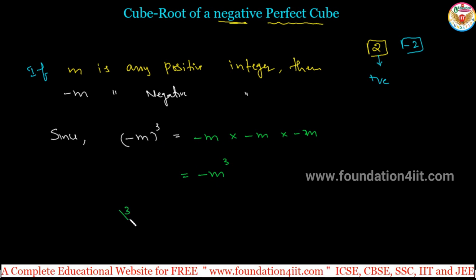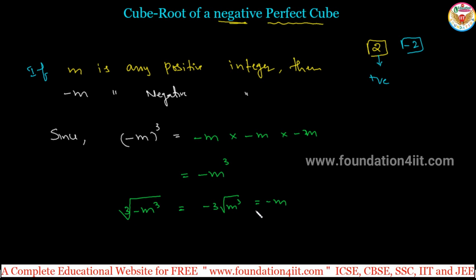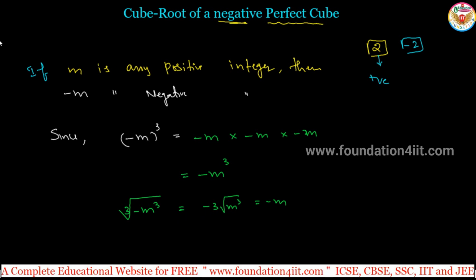Similarly, the cube root of minus m cube is nothing but minus the cube root of m cube, since we can take the negative to the front. So the cube root of minus m power 3 is equal to minus the cube root of m power 3.